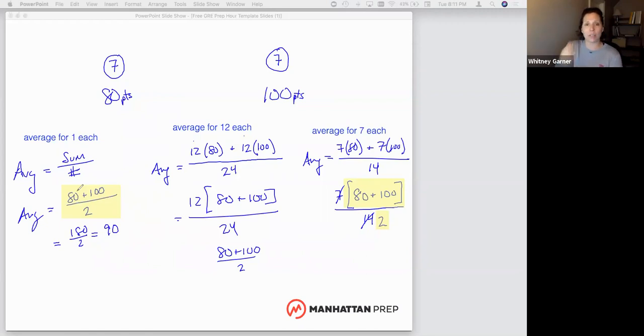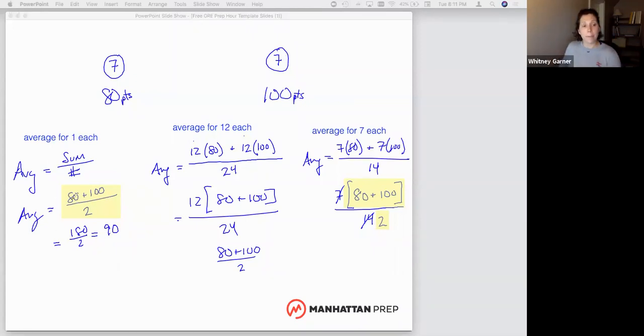The weight just tells us how much or how many times we should be counting a certain number. And what's really important in weighted averages isn't the actual number, but it's the relative weight. And maybe a way to think about it is the ratio.